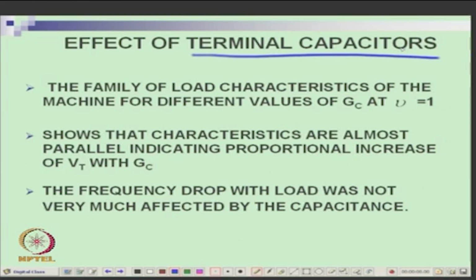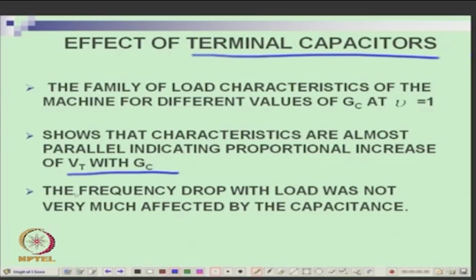You can have an engine-driven system, where speed may be nearly constant, but as the load varies the voltage will not be constant. Any generator will be acceptable only if you maintain the voltage constant. That is the point. In your house also you do not want voltage variation, isn't it? In fact, I have suggested a few BTech or MTech projects also.